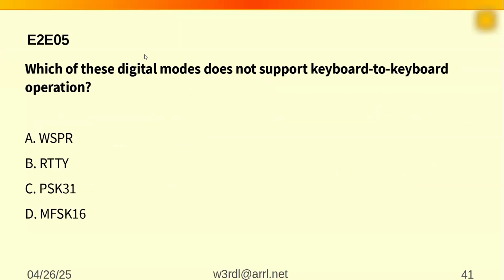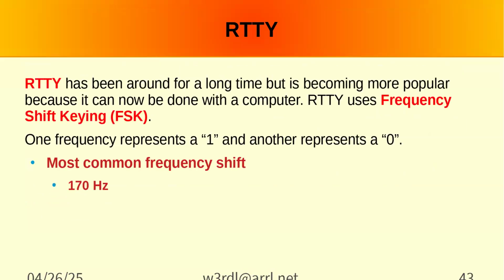Which of these digital modes does not support keyboard to keyboard operation? RTTY. It uses FSK. Has 170 hertz shift. We're not sure about the mark frequency. I think it's 2125.